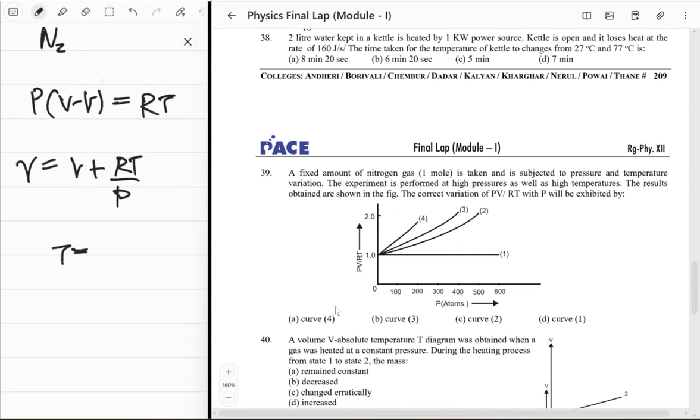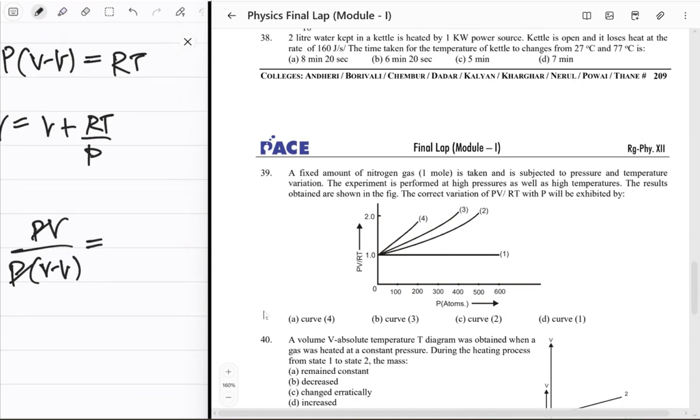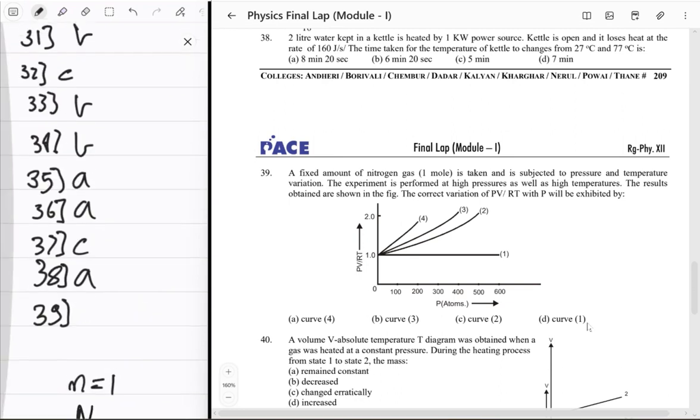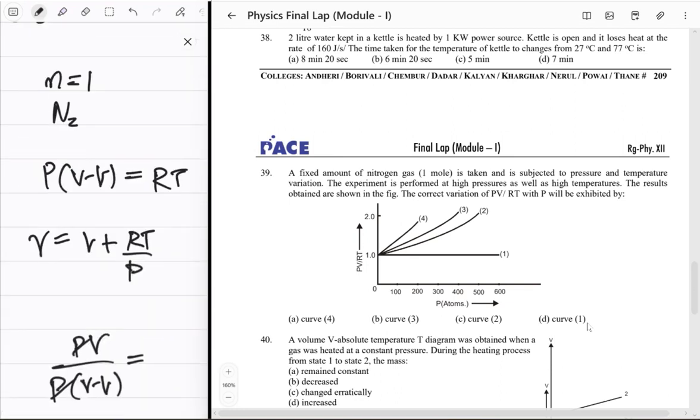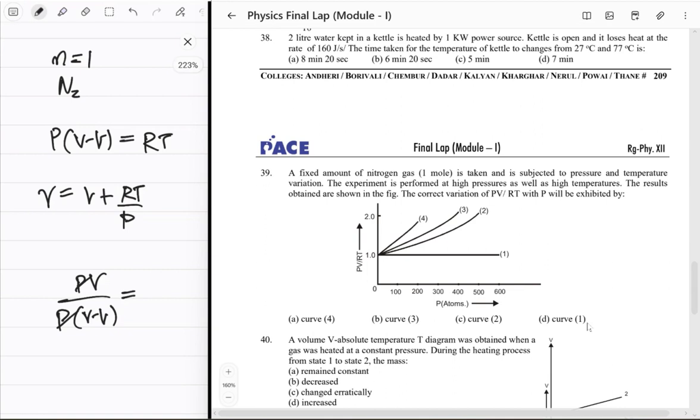So RT basically, just put that in there. So it's supposed to be PV upon P times (V minus B). Well, that's weird. It's actually a constant. So at high pressure, it will just be a constant. Then only the first one can be the correct one. So D is the answer.